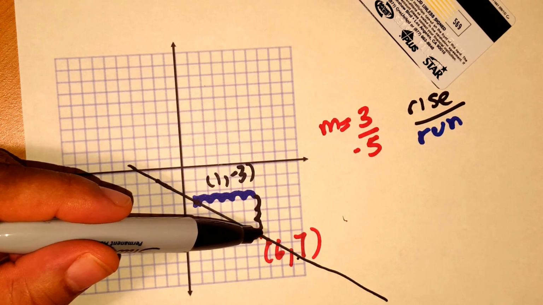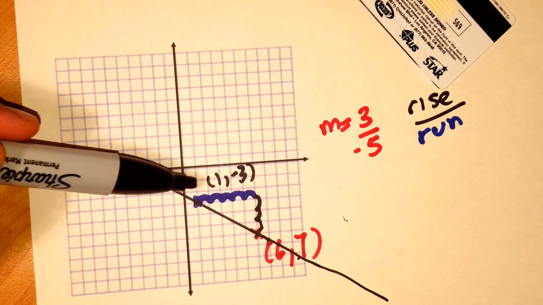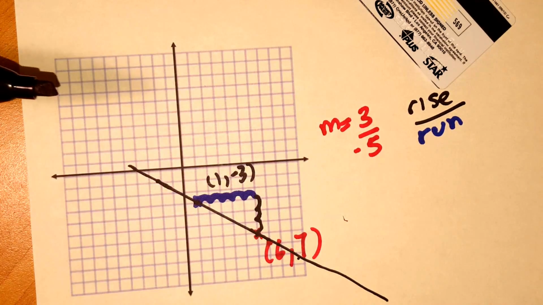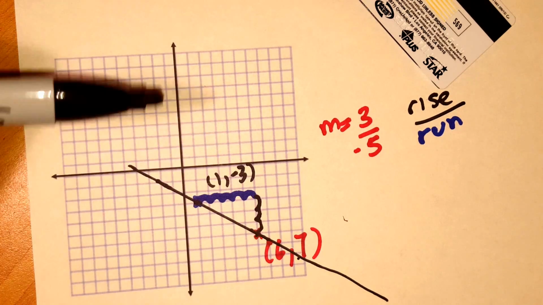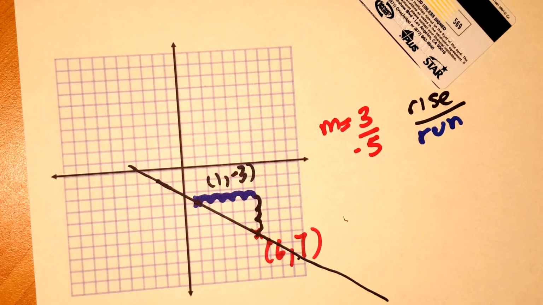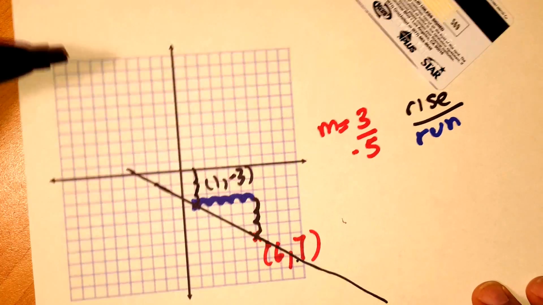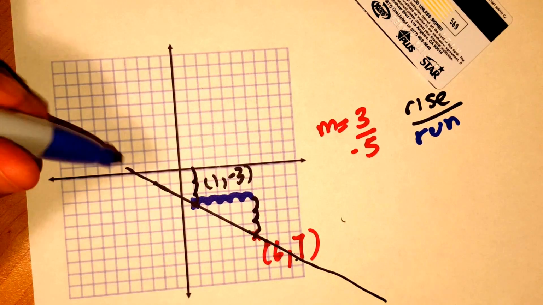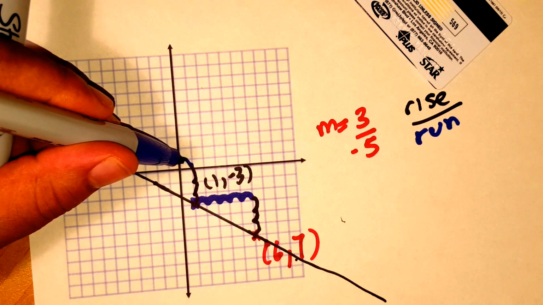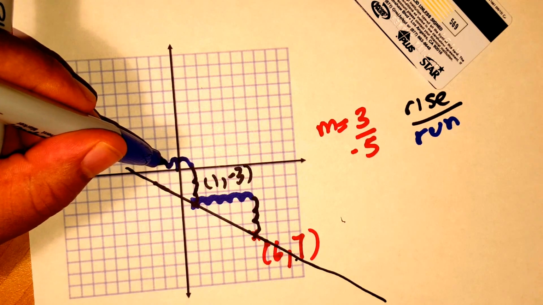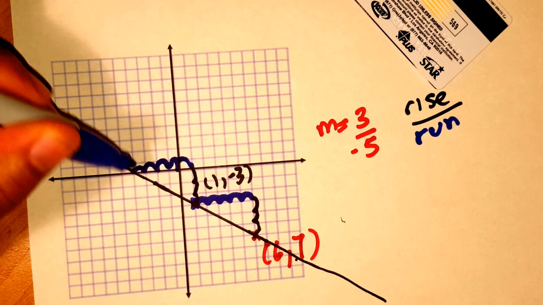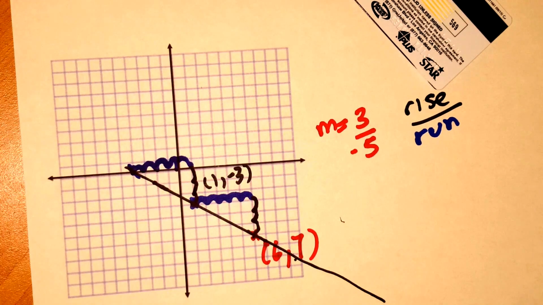If I'm at a point 6, 7, and I'm given a slope, I can find any other point in that line. Consequently, if I keep doing this over and over, I'll find other points. So if I go up 3 more from here, 1, 2, 3. If I go left 5 again, 1, 2, 3, 4, 5, right into where I crossed the graph.